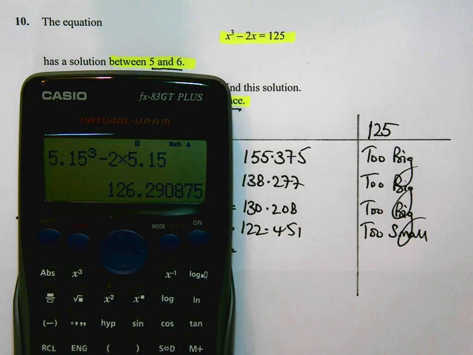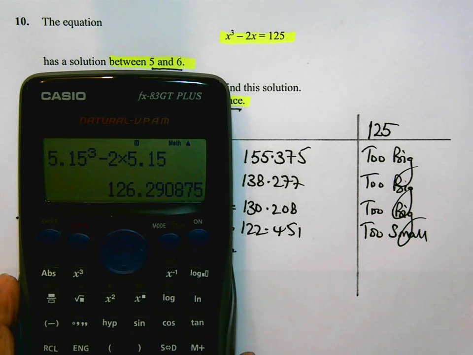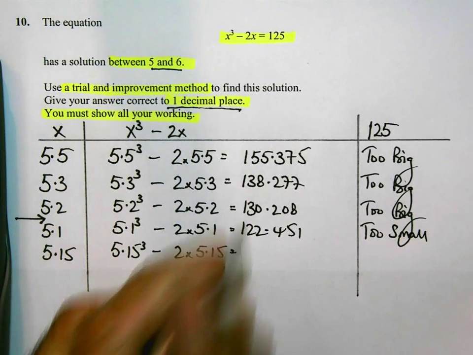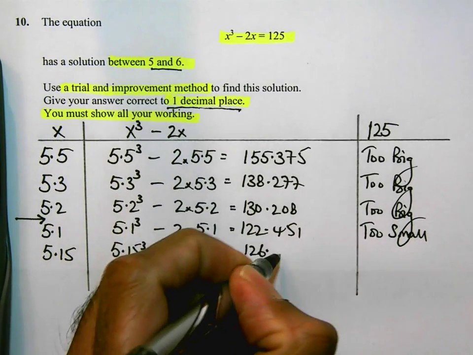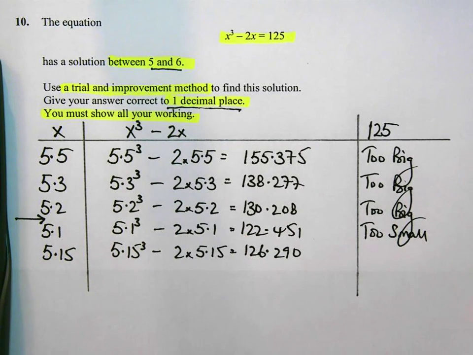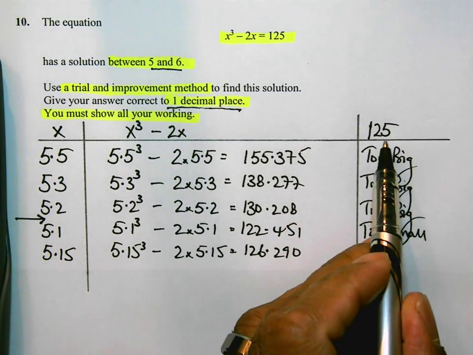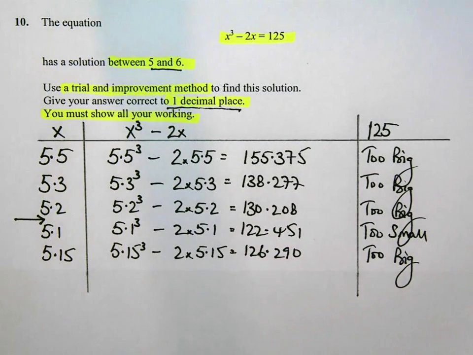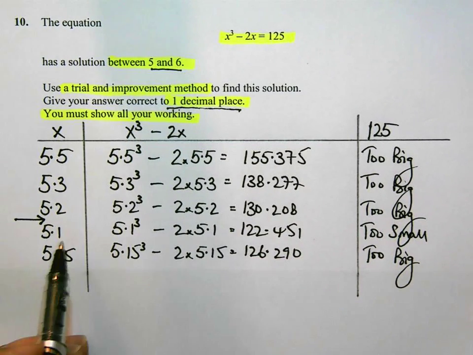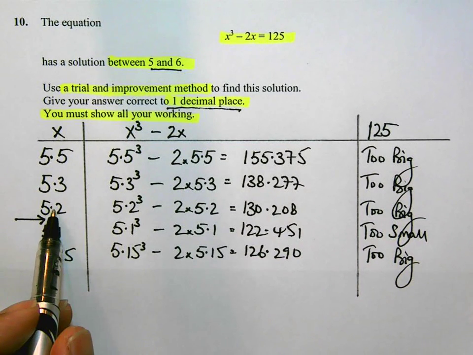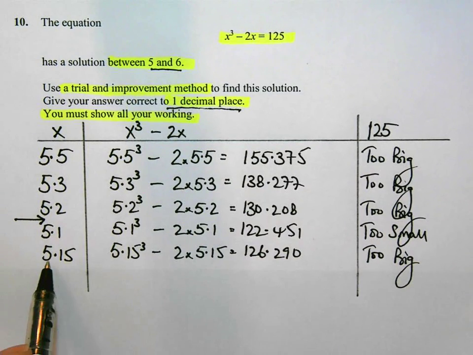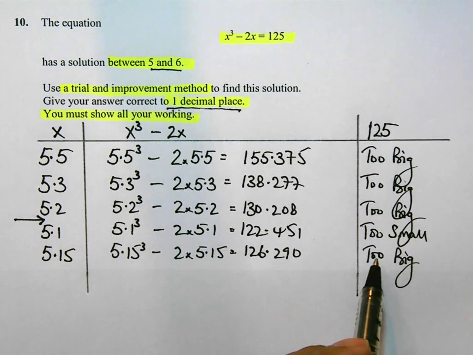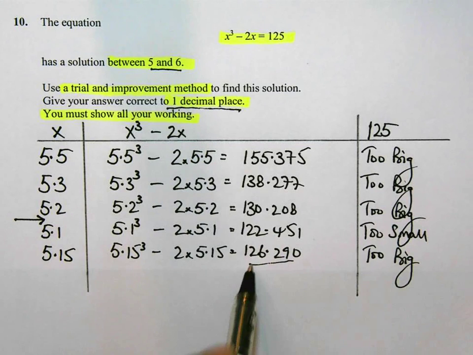And here is our result, 126.290. 126.290. All I'm interested in is whether this is too big or too small. And compared to 125, it's too big. Okay, this is going to help us decide which answer we're going to use for x, 5.1 or 5.2. 5.15 gives us a result which is too big.